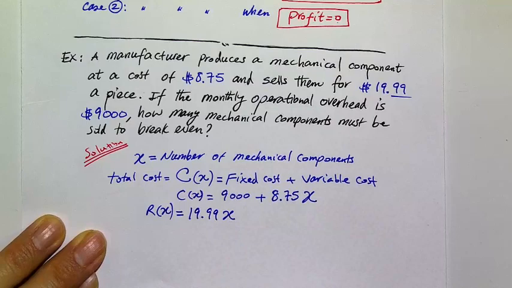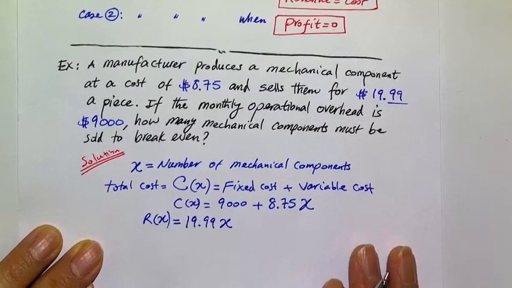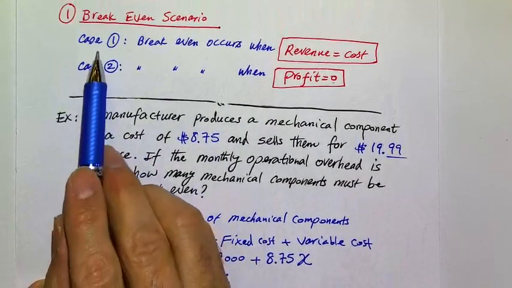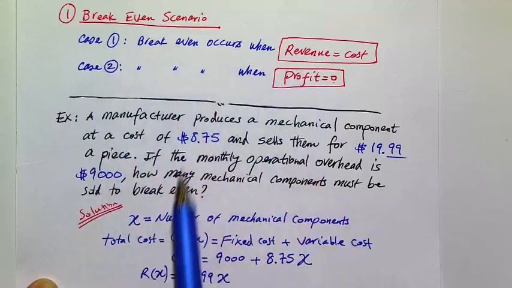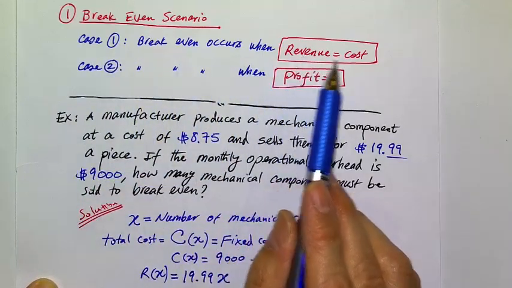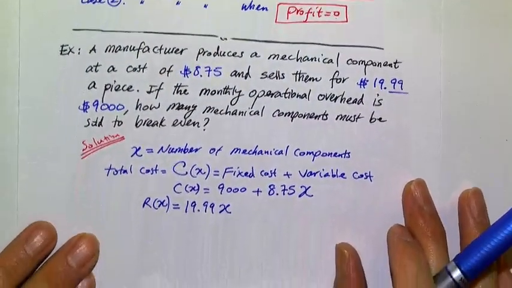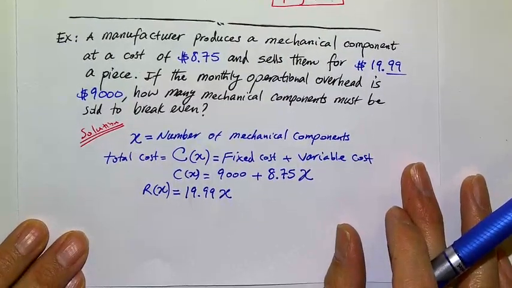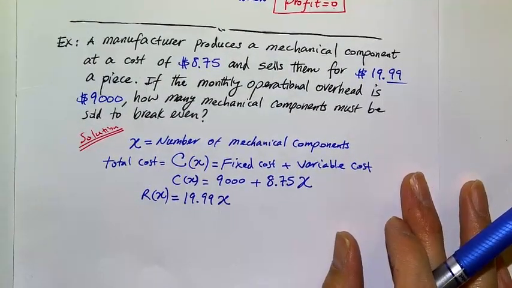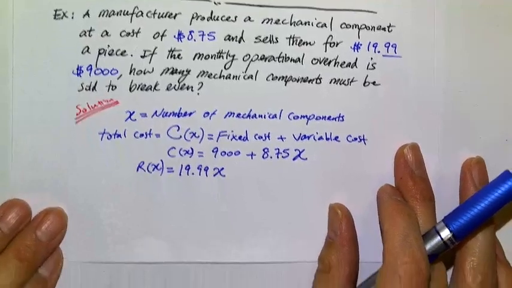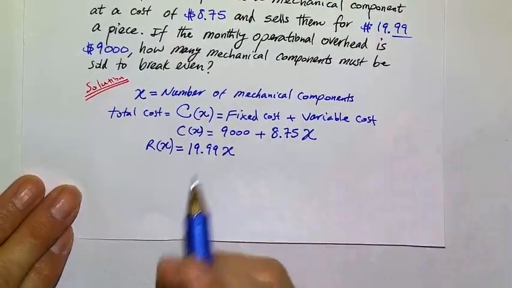19.99 times X. Now, we know we have case 1 in this problem, so we have to set the revenue and cost functions equal to each other in order to solve for the break-even scenario. Let me write that down. I think I have a little more space at the bottom here.